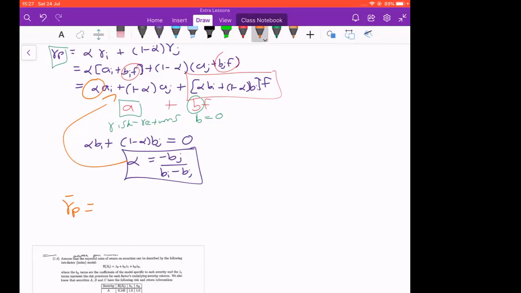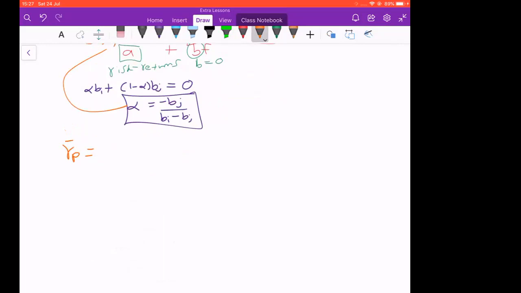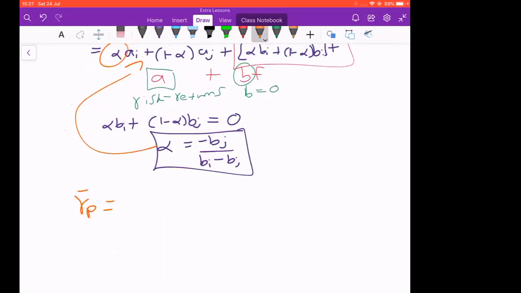So you can just write, okay, there are no questions. So for this one, 1 minus alpha.